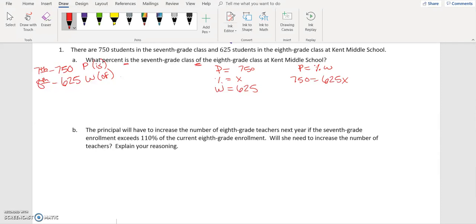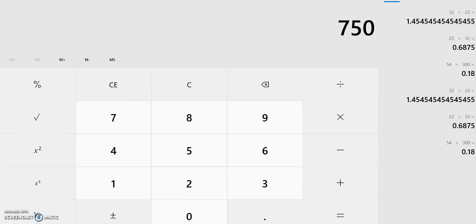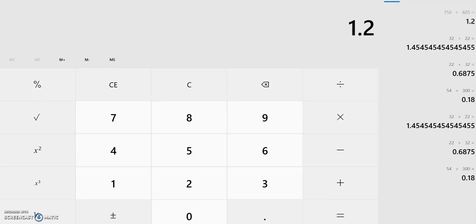And so when I'm looking at this, before I even get started, I see that my part is more than my whole, which tells me that my answer is going to be over 100%. So divide both sides by 625. 750 divided by 625 gives me 1.2.